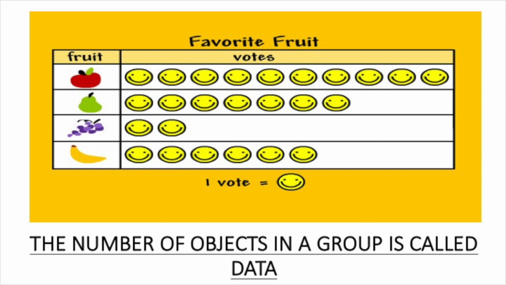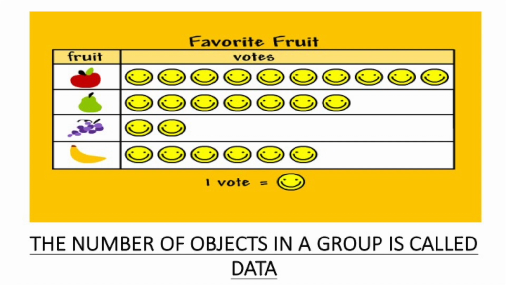The number of objects in a group is called data. Like we've learned, data is the facts and figures that we collect. Okay, so looking at our key, similar to before, 1 vote, 1 smiley face.